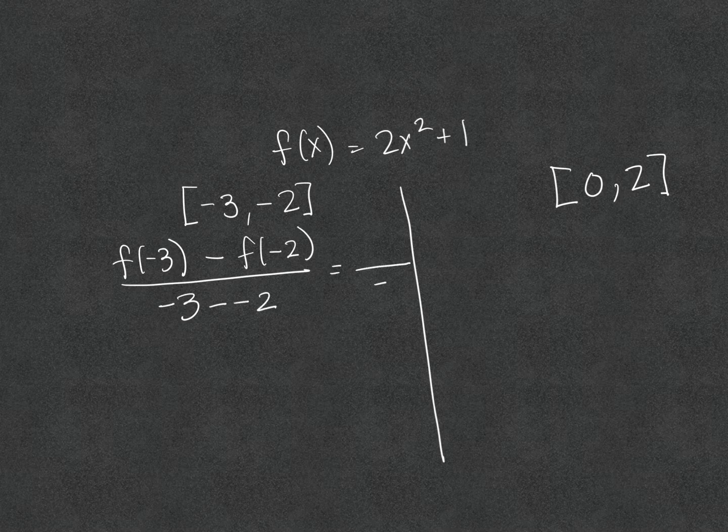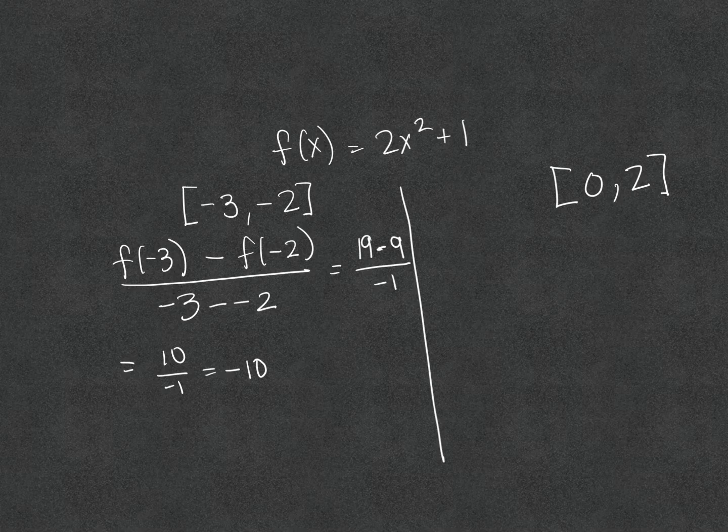So on the bottom, I'm going to have -1. On the top, if I put -3 here, I've got -3 squared, which is 9, times 2 is 18, plus 1 is 19. -2 here, I've got -2 squared, which is 4, times 2 is 8, plus 1 is 9. So this would be 10 over -1, or -10. So my average rate of change, it goes down 10 for every one over in that interval.